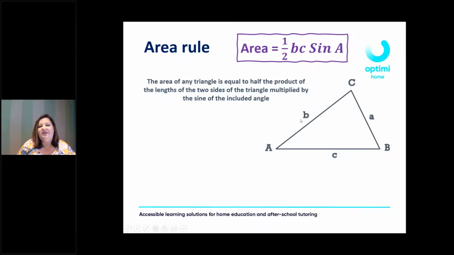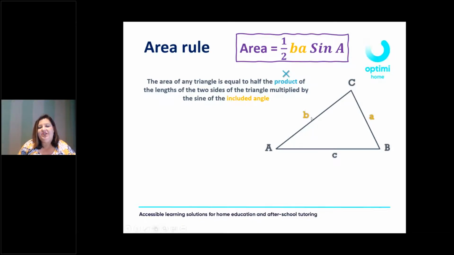It is half the product. Product means multiply. So half the product of two sides of the triangle multiplied by the sine of the included angle. So if I talk about B and C as my two sides, my included angle is A.